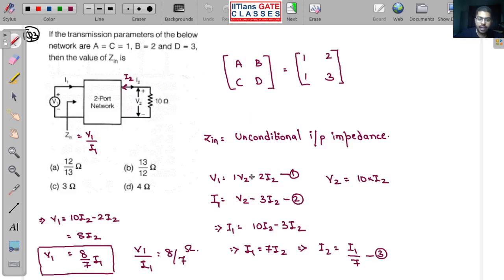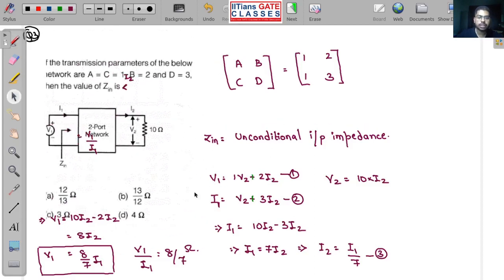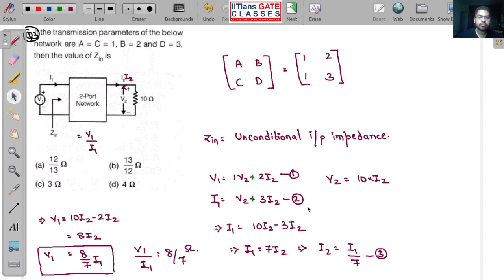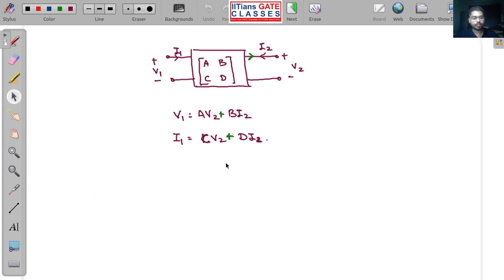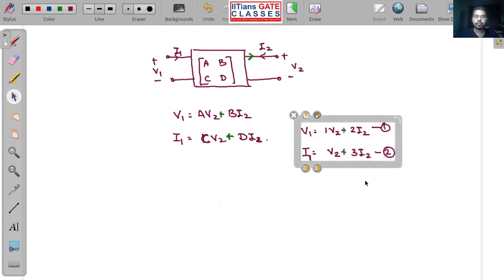So if I had done plus here, what would have happened? Now if I solve this, let me solve it on the next page. I will just copy these two equations.